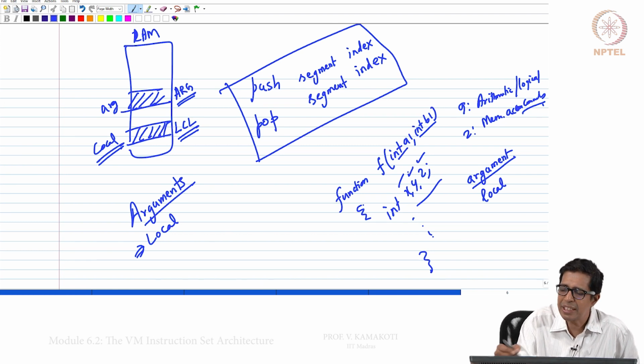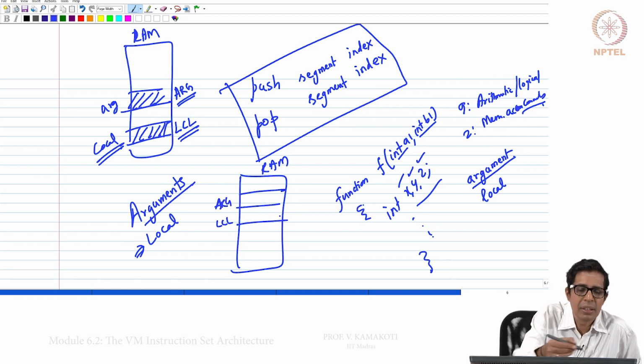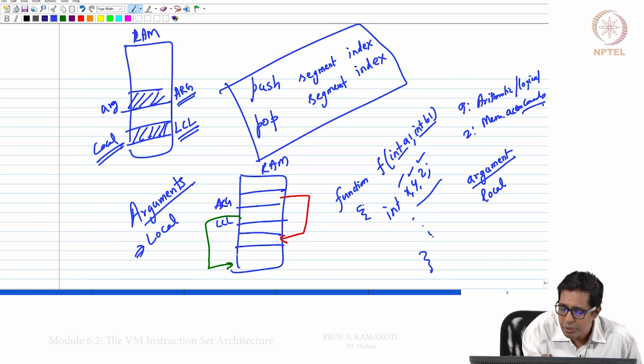So when this function gets allocated, let us say this is the RAM, inside that RAM you will have something called arg and something called local. Arg will point to some location here, and local can point to some other location.